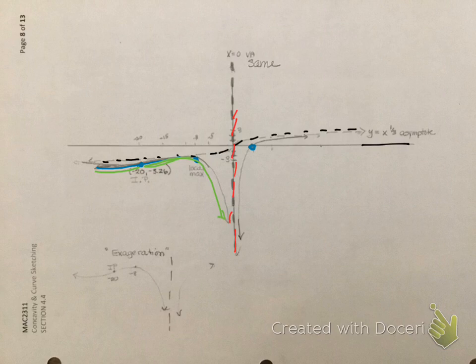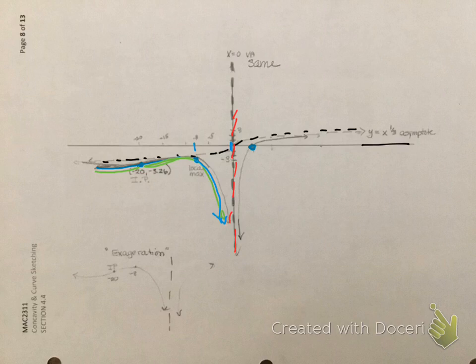Let's go back and notice that after I get to x is equal to -8, I am decreasing until I get to 0. So here's 0. So now I am decreasing the rest of the way.